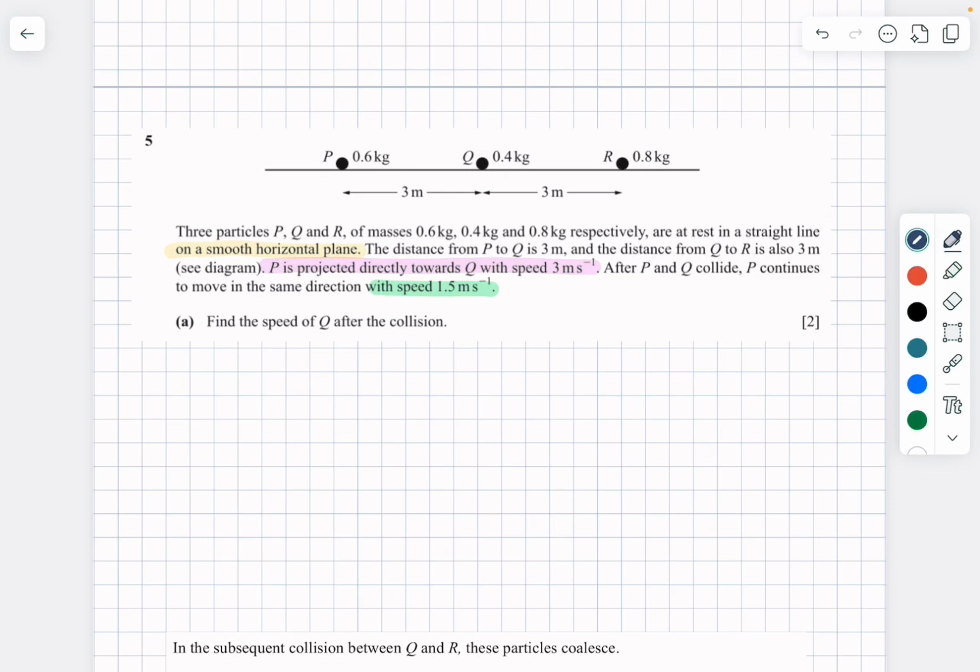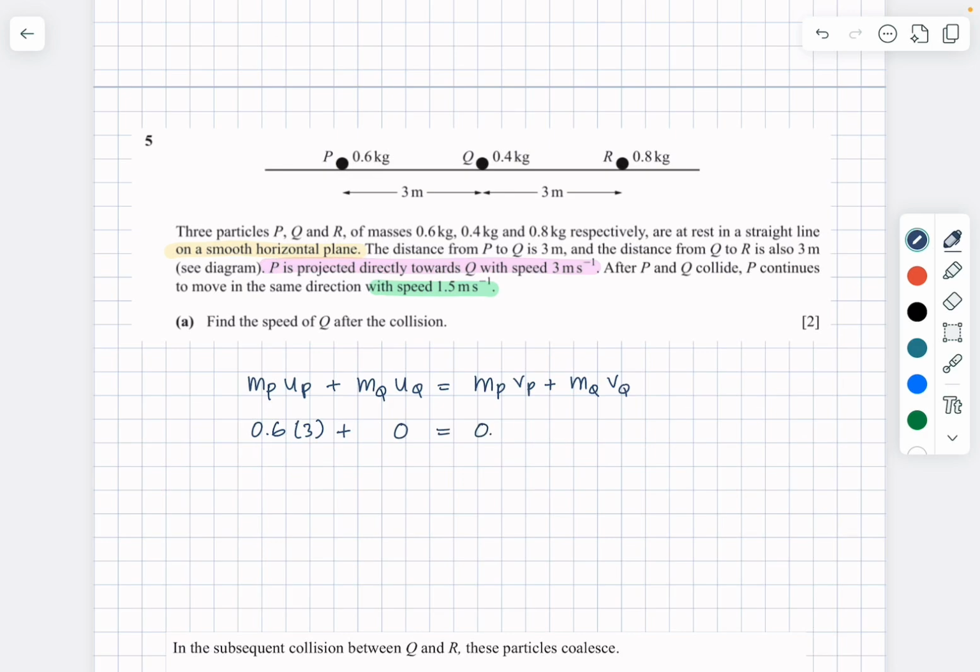We can use conservation of momentum. Total momentum before collision equals total momentum after collision. Let me rewrite the equation. Mass of P is 0.6, the speed is 3. Since particle Q is at rest, the momentum of Q before collision is 0.